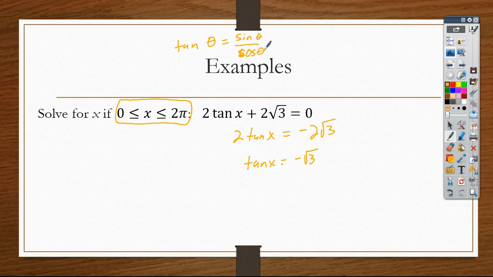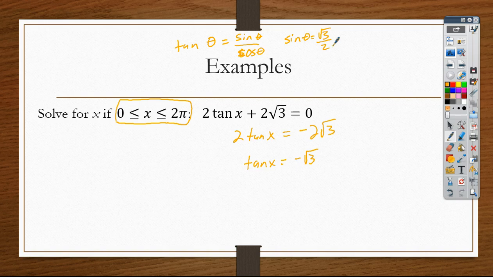And here's a little trick I like to share. Tangent is square root of 3 when sine of theta is equal to square root of 3 over 2. Okay? That's where I got to think about that.